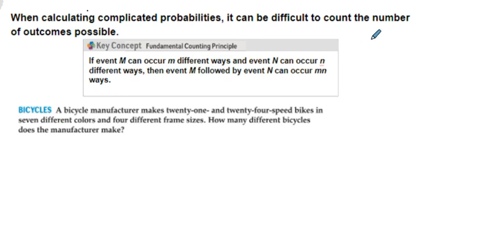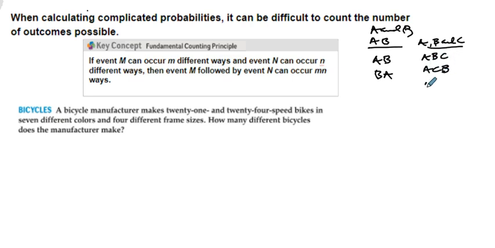If I have thing A and thing B, you can order it as AB, and you can order it as BA. Now let's say I have A, B, and C. I can order them ABC, ACB, and then I can start with B instead and go BAC, then BCA, and then CAB and CBA.